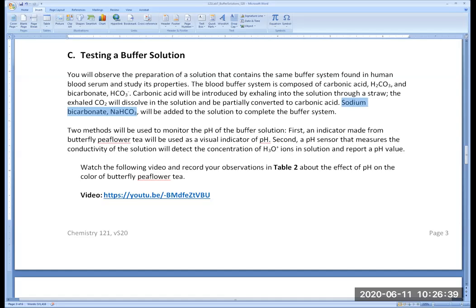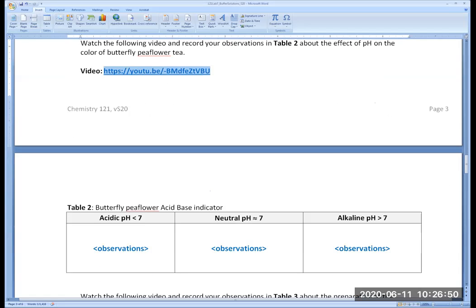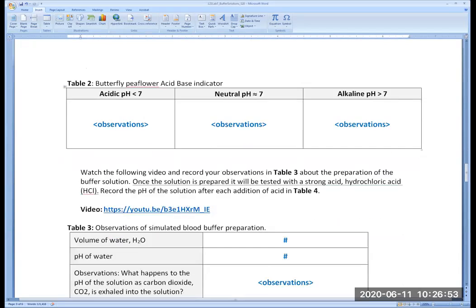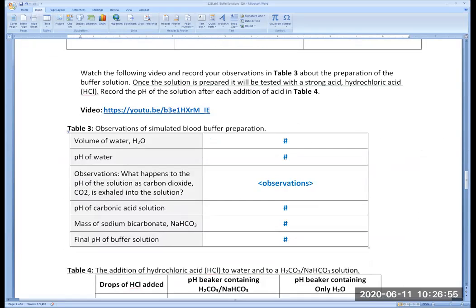So you will make your solutions this way, or watch the video that shows how this is made. And there will be a table. This will be the table. Table 3 will be your observations. It's actually this video.